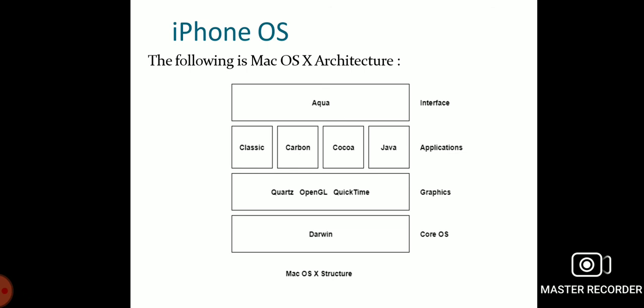Here the different sets of structures are the core operating system, graphics, what types of applications are needed, and also the external interfaces added to this operating system. So the iPhone operating system is a version of the Mac operating system operating in mobile computing technology.